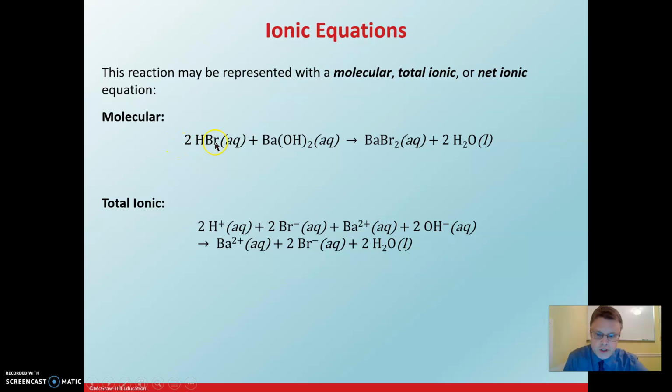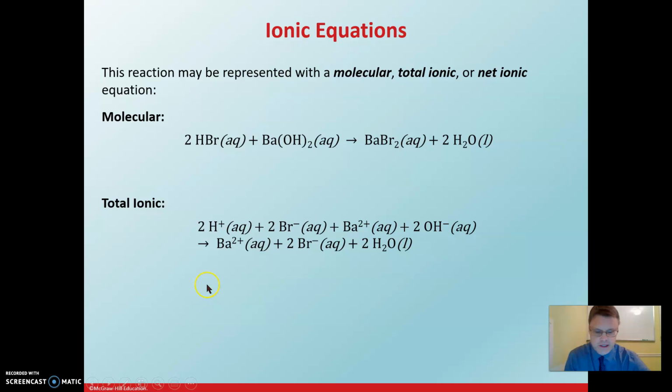Two HBr molecules will split apart to make 2 H+ and 2 Br- ions. We can do something similar with barium hydroxide. When it dissociates, we make one Ba2+ ion and two hydroxide ions. We do the same thing on the right-hand side with the barium bromide. And that makes our total ionic equation.